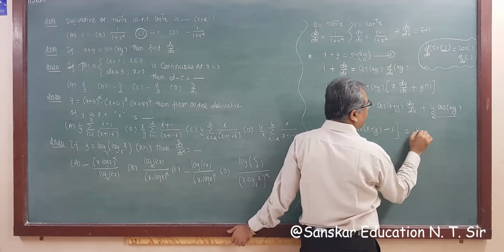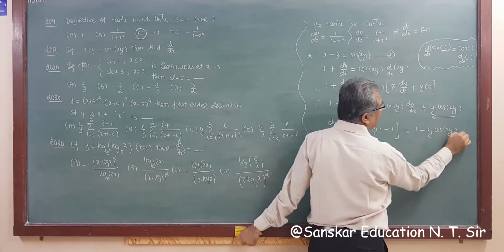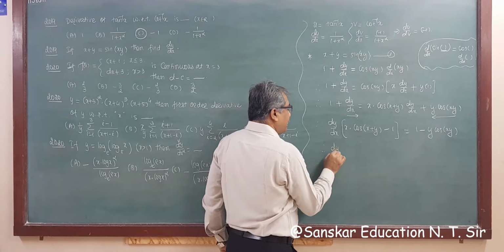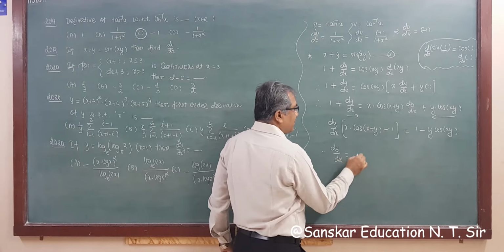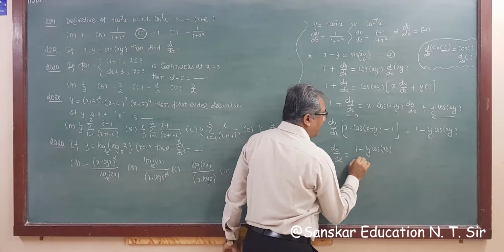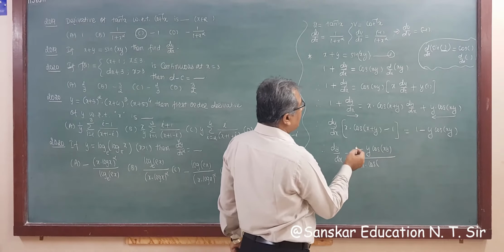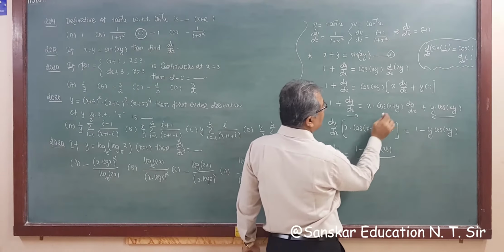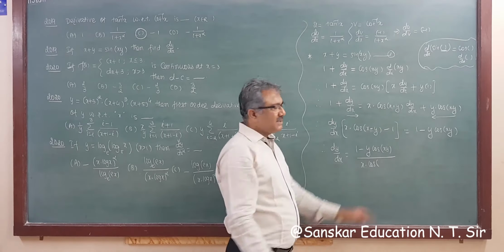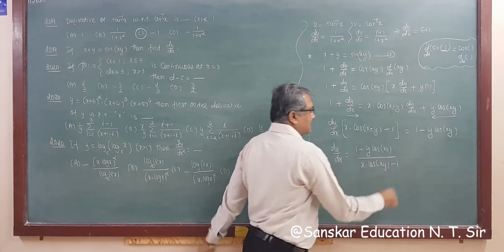So this is 1 minus y cos xy. So your answer dy by dx is equal to 1 minus y cos xy upon x cos xy minus 1. Why did we write here x plus y? Sorry, this is x into y. So cos xy minus 1.